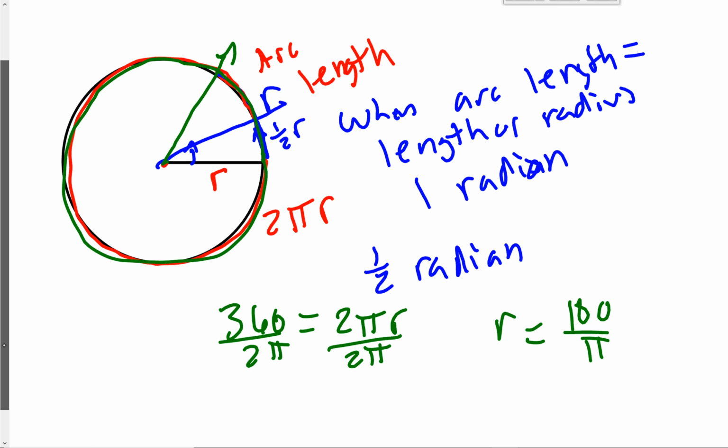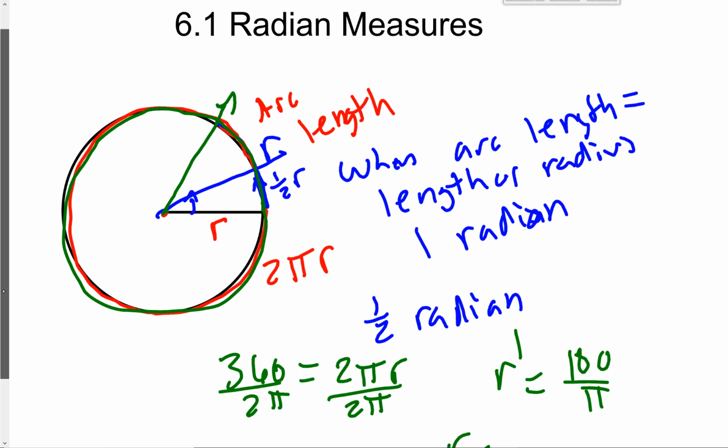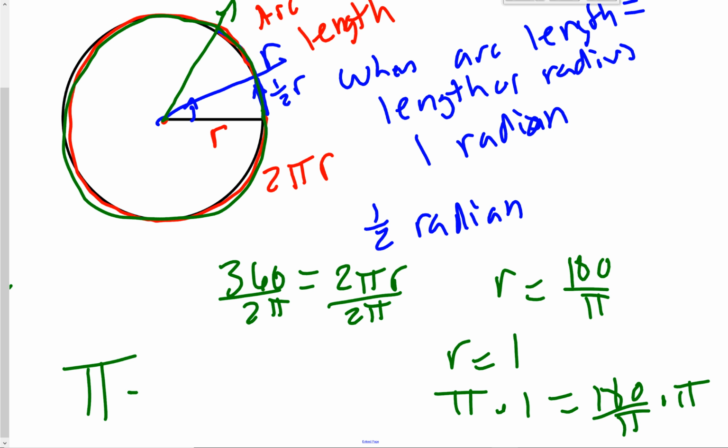And then if we let our radius equal 1, then 1 equals 180 over pi. I can solve that, multiply both sides by pi. So then I have pi is equal to 180 degrees, right? Because that would be a degree, this would be a degree. So pi is equal to 180 degrees.